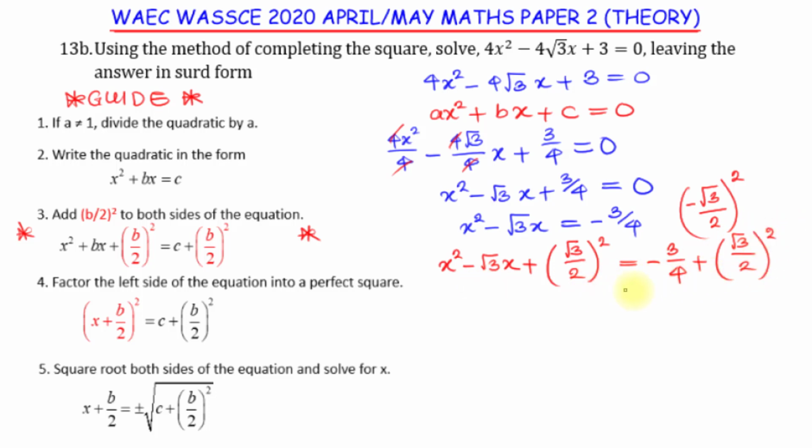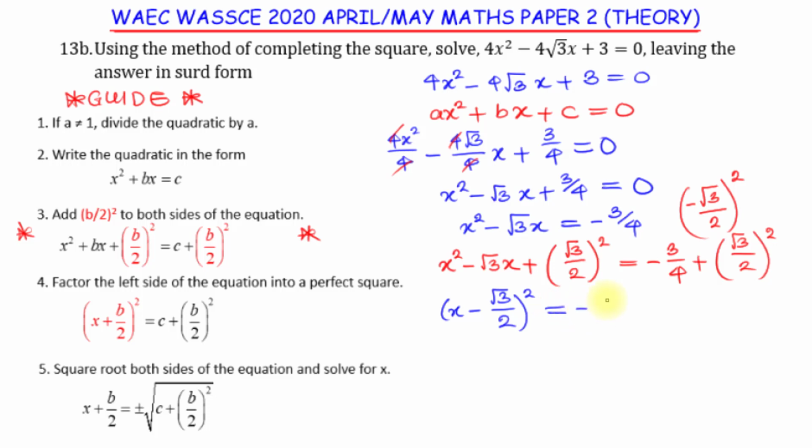At this stage, students need to be very careful, because what you now have on the left hand side is the same as x minus root 3 over 2 raised to power 2. This is the expression on the left hand side, and I'm going to show that in a minute.